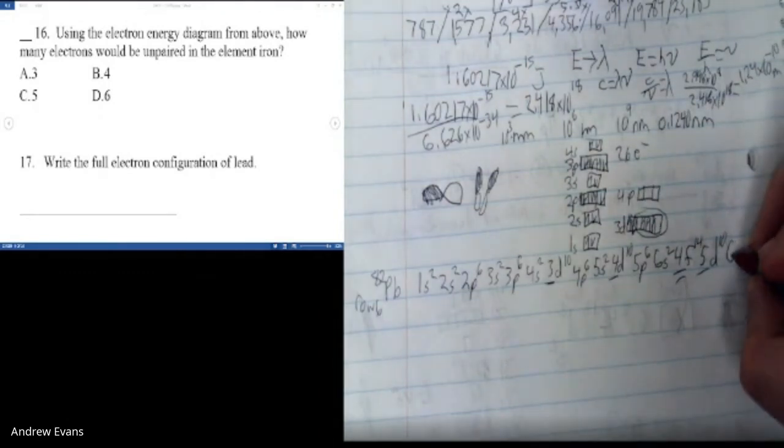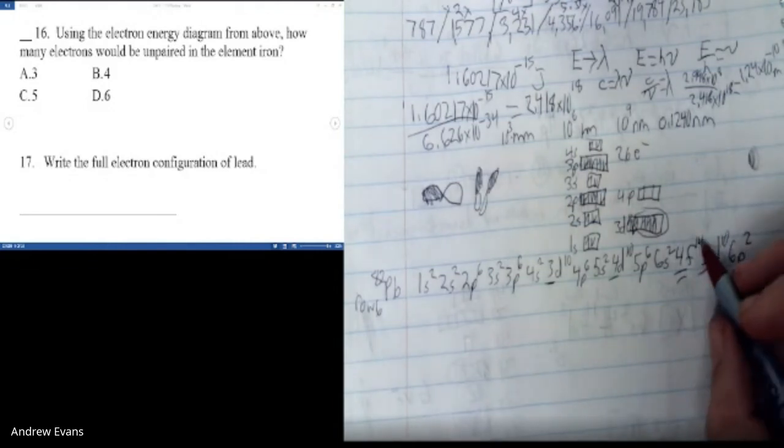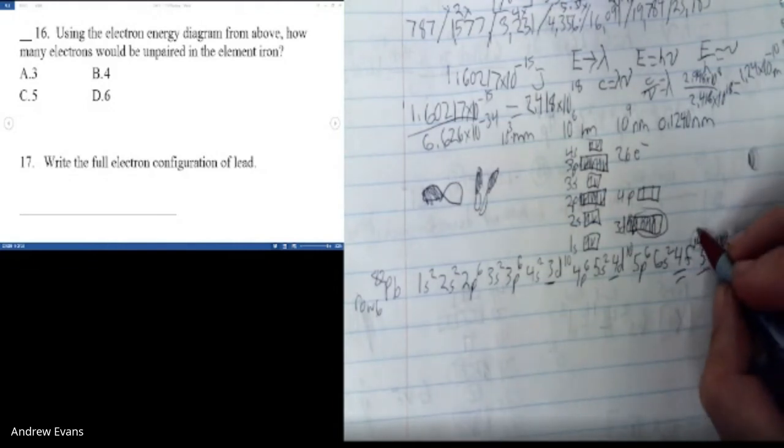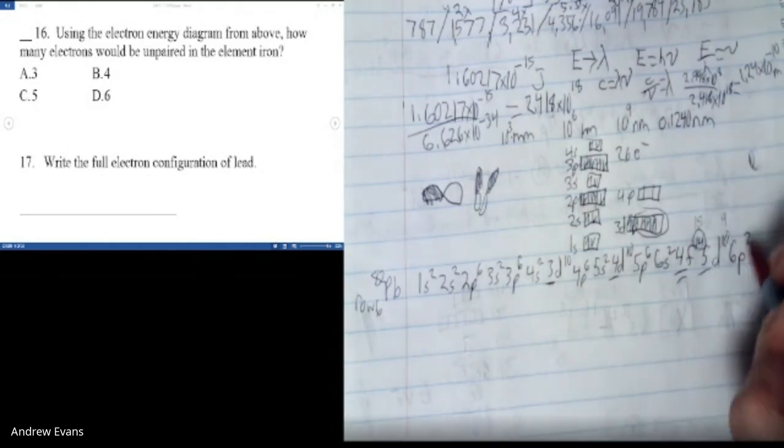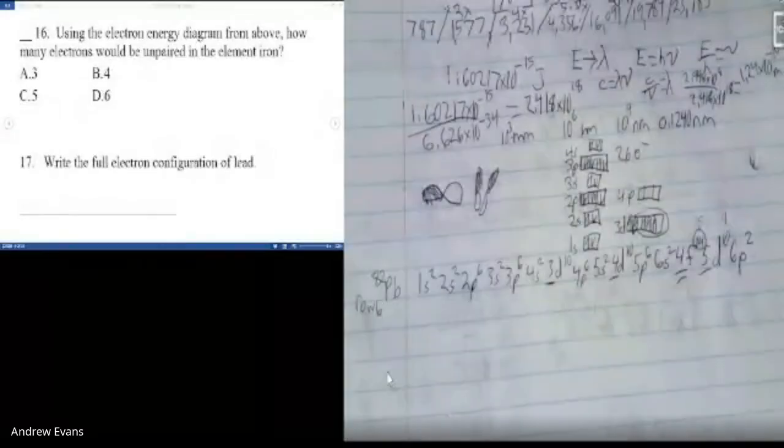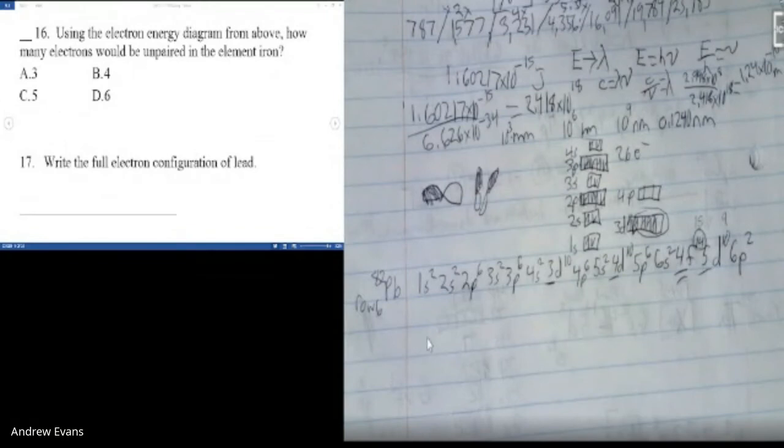So 6p2. Please note, this is always 14. The max is 14. It's not 15, depending on where your periodic table is. Some periodic tables have trouble distinguishing that. And so if you count wrong, you'll see a 9 and a 15 instead of 14 and 10. So please note that that's how that actually should be.